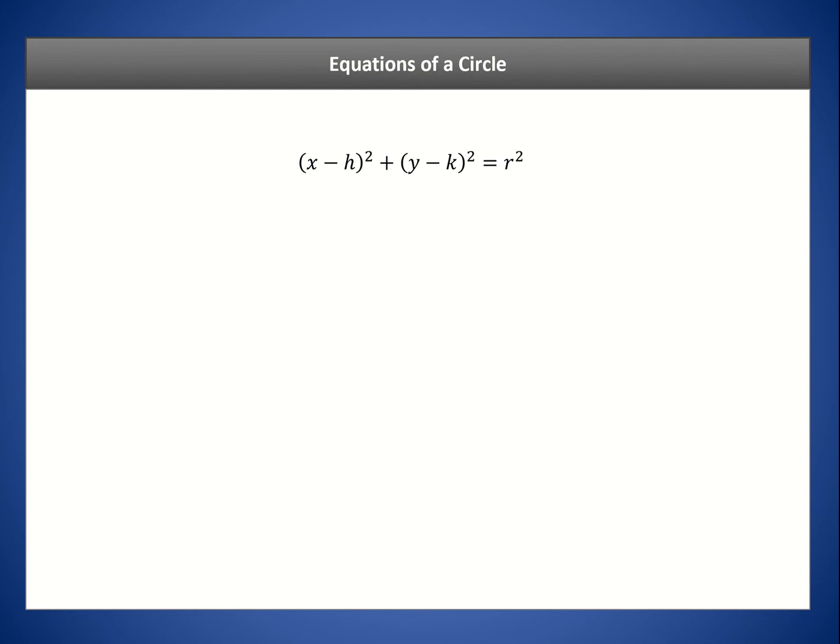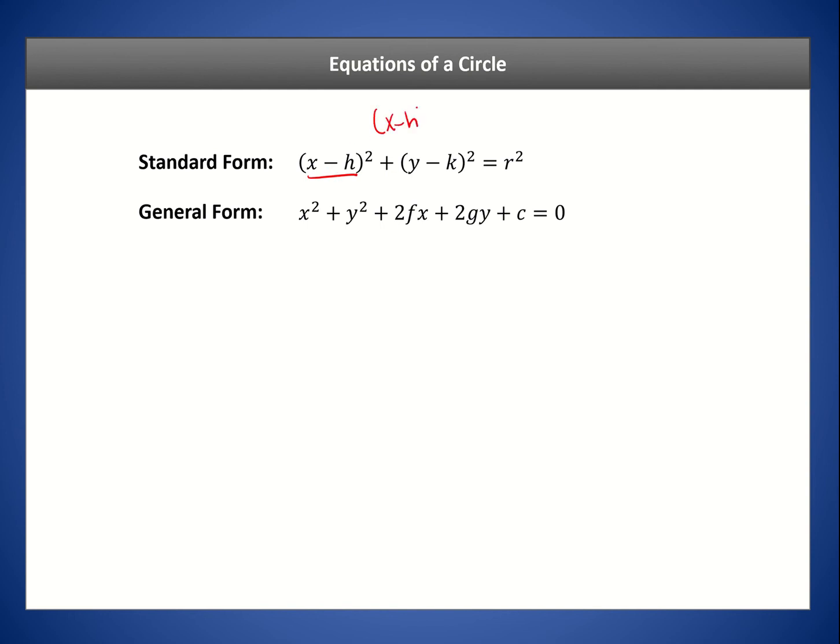So now we've got the equation of a circle, and this is known as the standard form. Now the general form of a circle looks somewhat like this, and is essentially the expanded form of this. If I were to expand this, you would have to FOIL x minus h times x minus h, and you'd have to distribute.